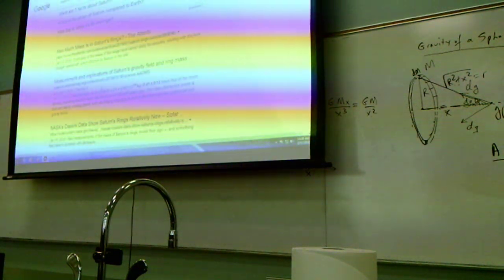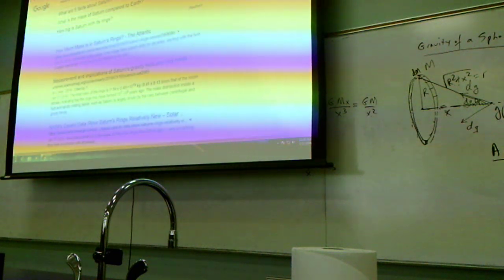Oh, so total mass of the rings is 1.54 times 10 to the 19th kilogram.